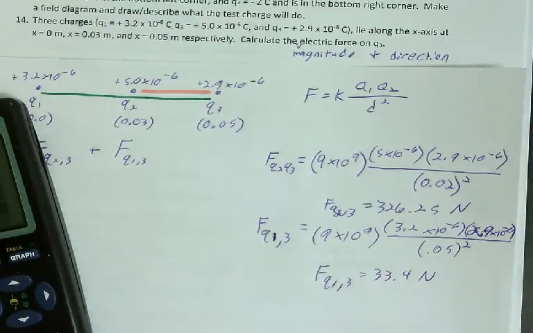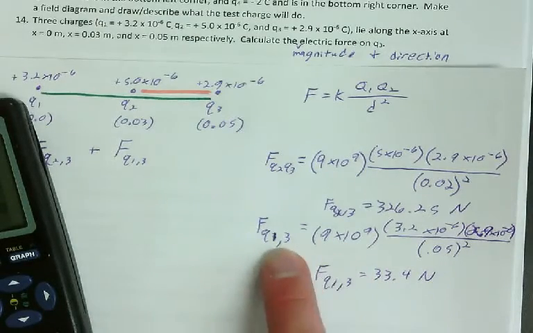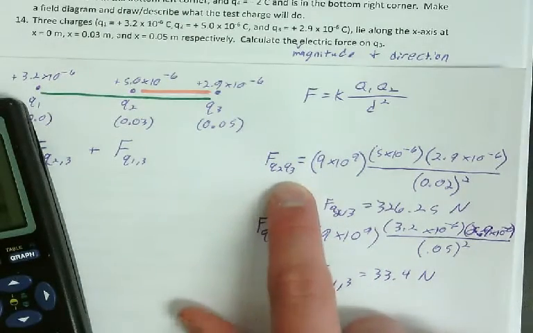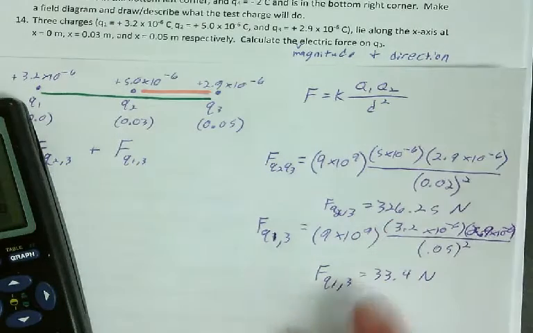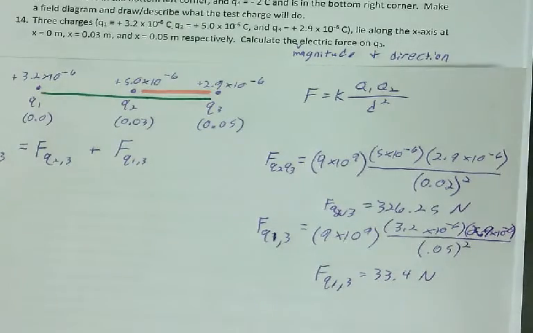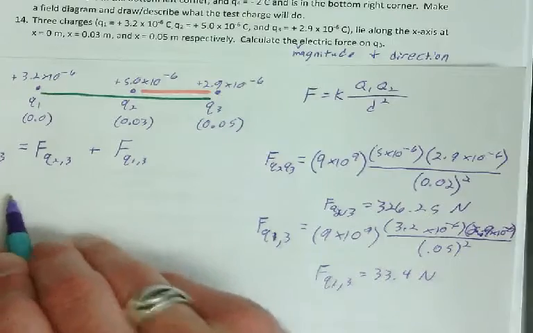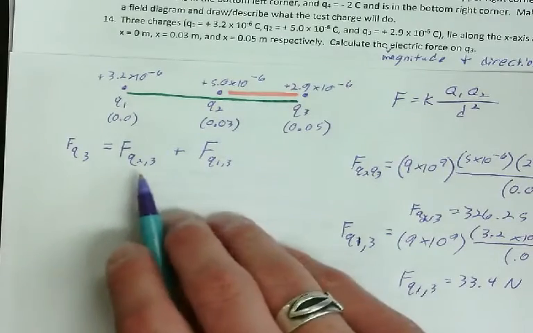Okay, skipping ahead a little bit, we've solved for Q1, Q3 and Q2, Q3. The force between 2 and 3 is 326.25 newtons, and the force between 1 and 3 is 33.4 newtons. So all we need to do now is add these together.